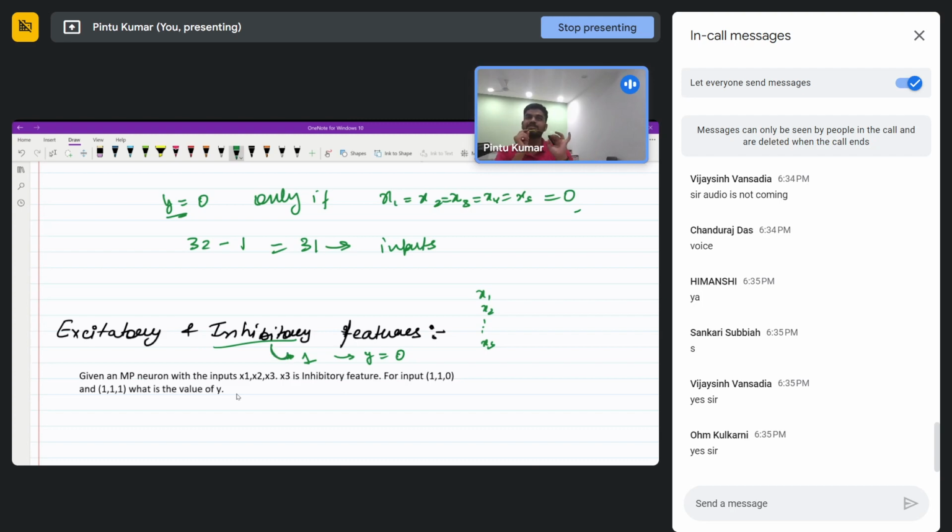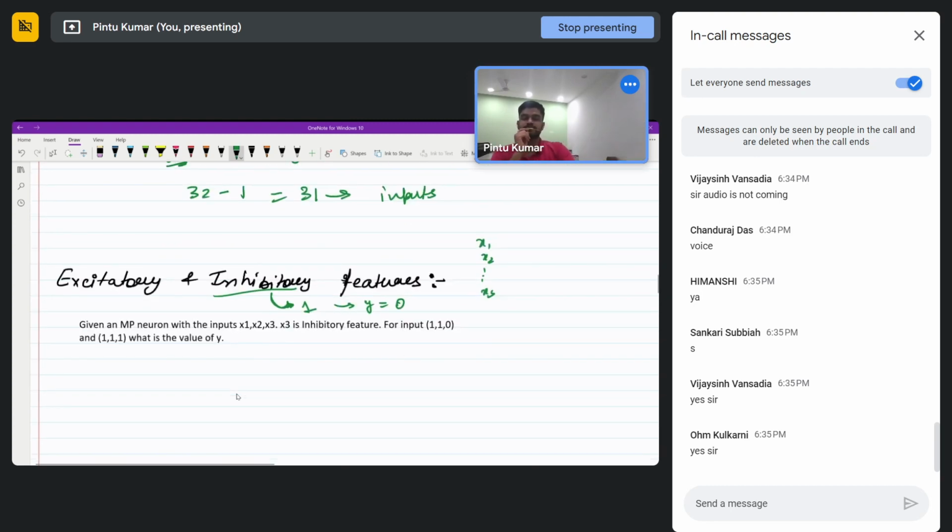I'll take the same example that the professor took in the course. Let's say you want to go and watch a movie. So let's say you have features like who is the actor, who is the director, and another option can be whether you are ill or not today. No matter what the actor and director are, if you are ill today, then you won't go to a theater and watch a movie, right?